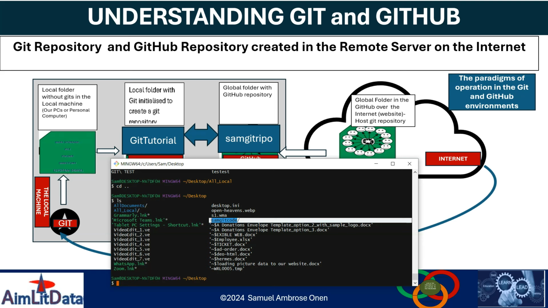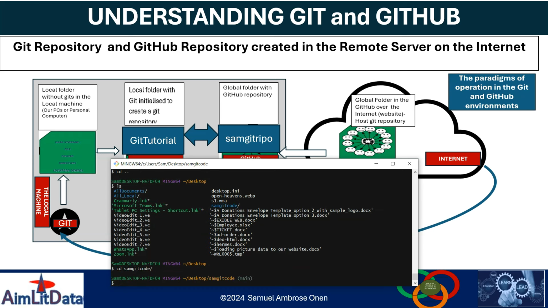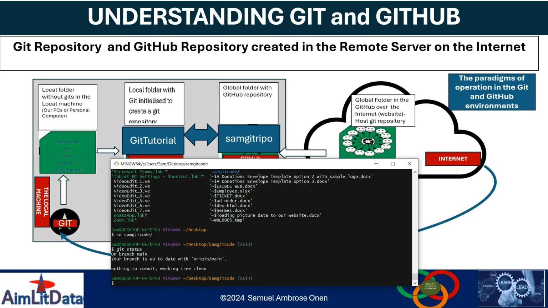So let us jump into some Git code, and then you can see it's sitting on the branch called main, whereas my Git tutorial is sitting on the branch called master. So from here we can do the git status to see what is happening now. You see on branch main, your branch is up to date with origin main.